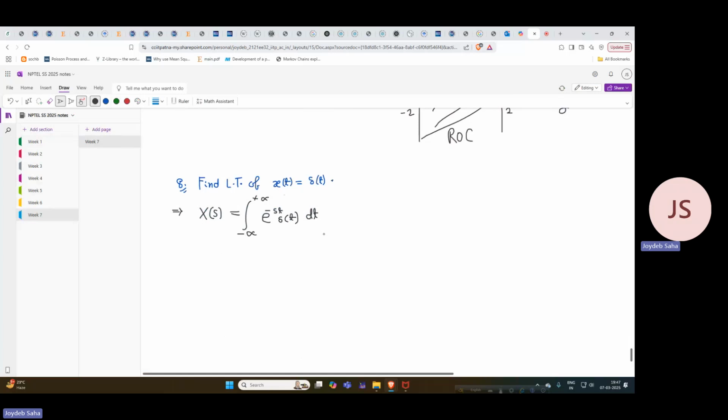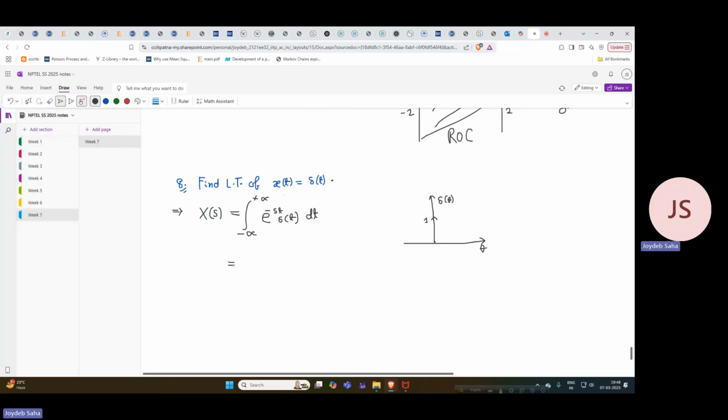Now what we know is that delta(t) is 1 at t equal to 0 and 0 anywhere else. So if we plot delta(t), it is 1 at t equal to 0, and anywhere else it is 0.